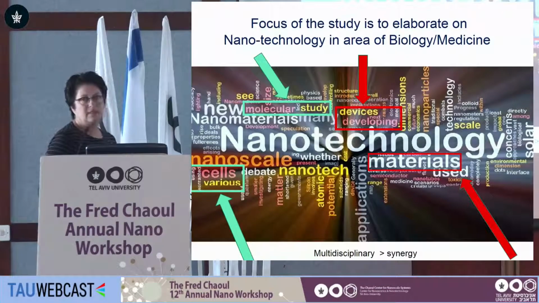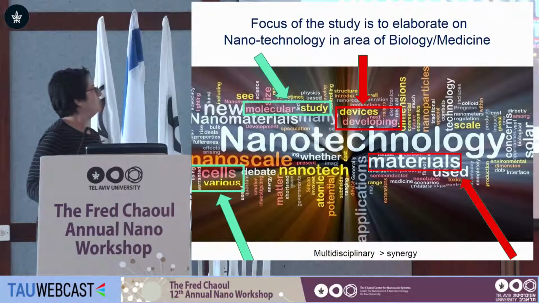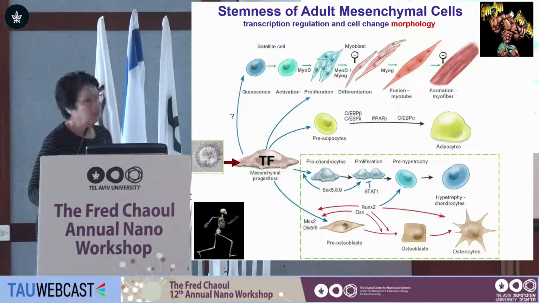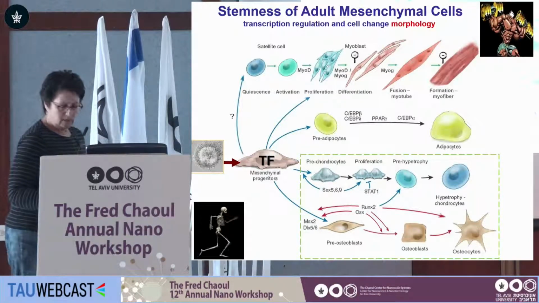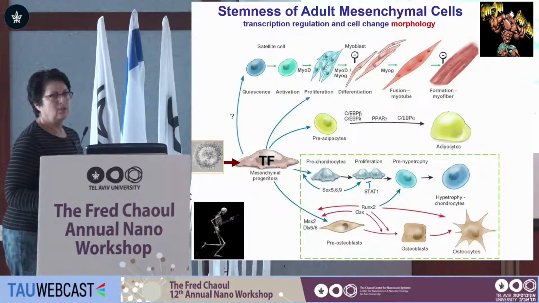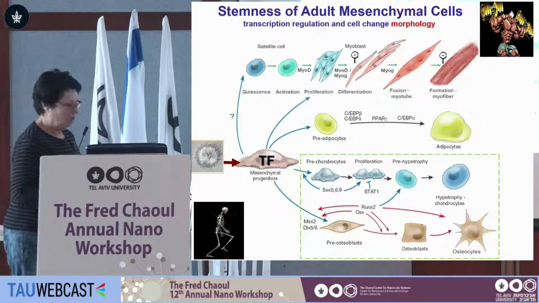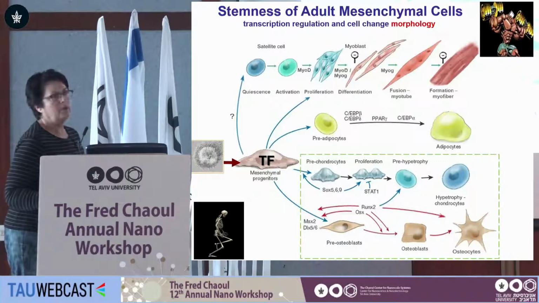We understand that this is a multidisciplinary area, and synergistic, in order to understand all these levels. So the stemness of the mesenchymal stem cell is the focus. The three main lineages that I will talk about are osteogenic differentiation, myogenic differentiation, and the adipogenic lineage.